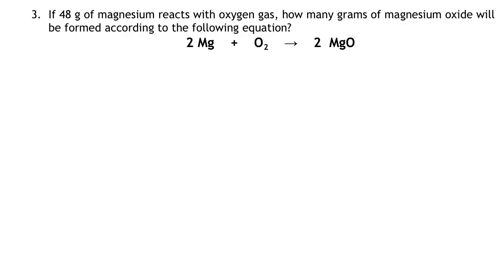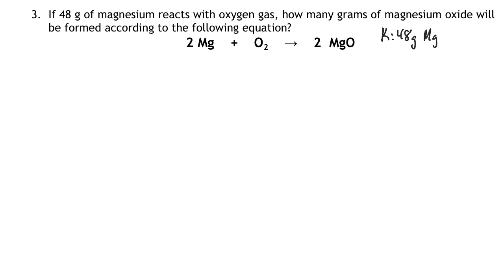Okay, here's the next one. I've got a little bit more room here, so I am going to write my knowns and unknowns. I prefer to do it that way because sometimes it's still a little bit confusing when you do the little question mark and label a known. So my known is I have 48 grams of magnesium.